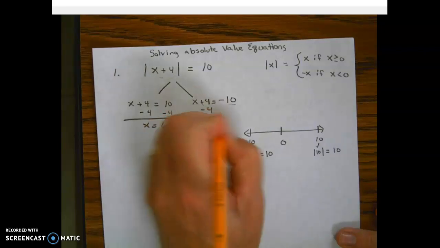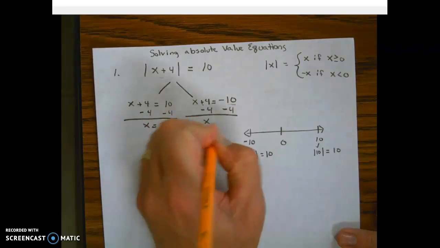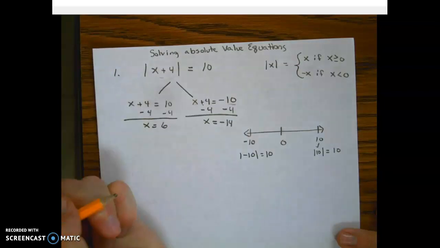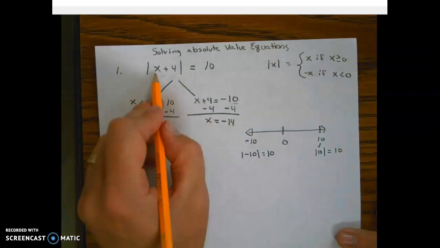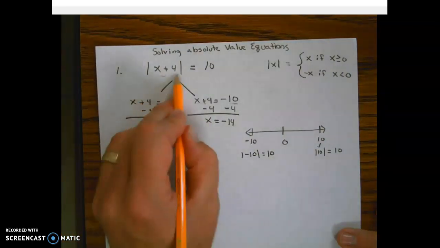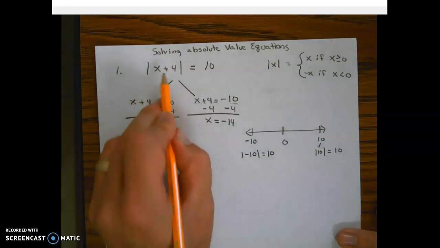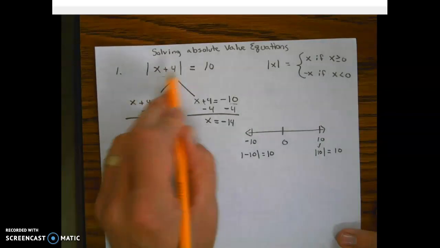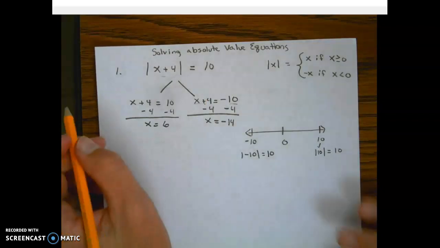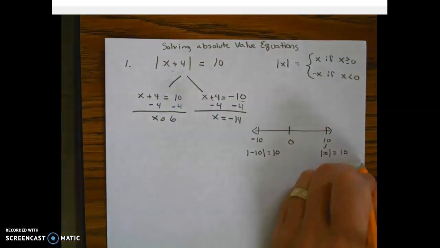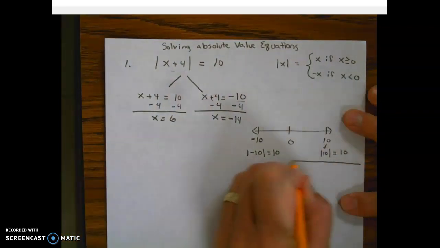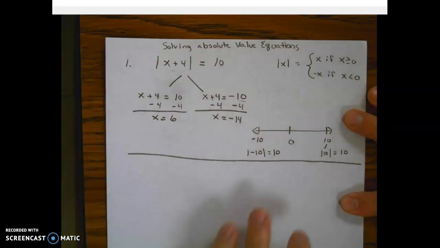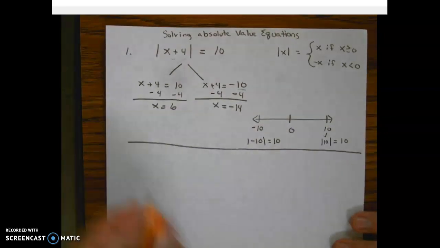So subtracting 4, we get x equals negative 14. So if we plug negative 14 in, we get negative 10. And the absolute value of negative 10 is 10. Now I hope that makes sense to you. You may need to rewatch this video and listen closely to what I'm telling you.